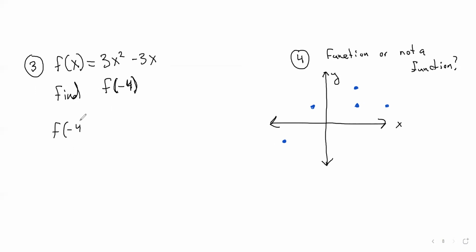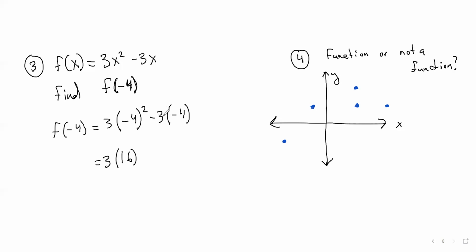So f of minus 4 is 3 times the whole quantity minus 4 squared. Make sure to keep the minus in the parentheses. Minus 3 times the minus 4. Here we have a minus 4 squared, which is equal to a positive 16. So this is 3 times a positive 16.